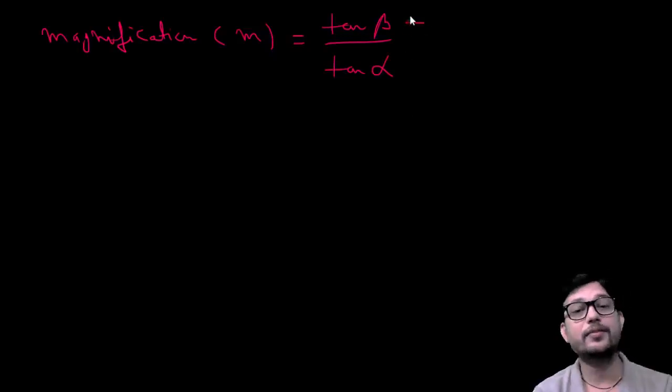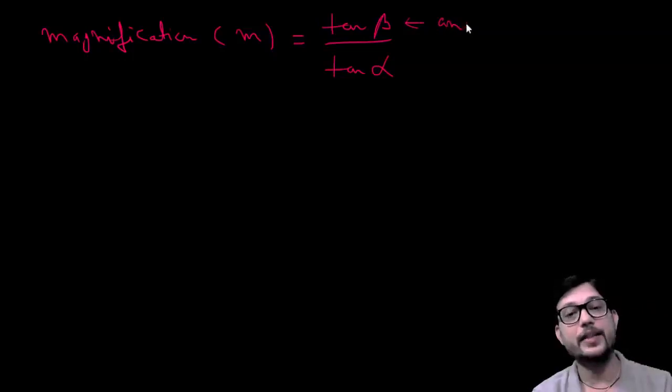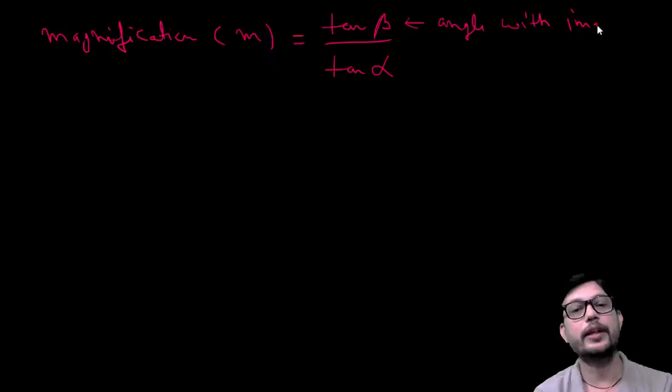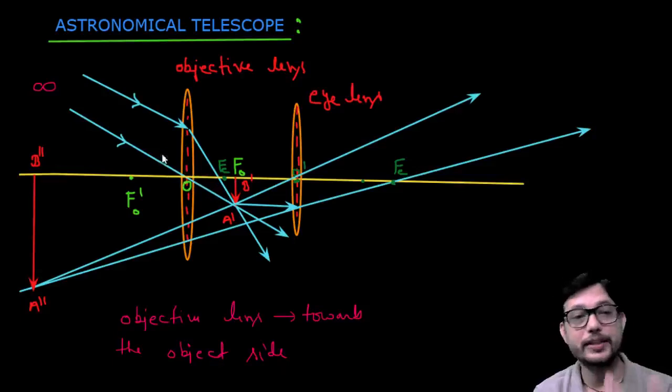Beta is the angle with the image, and alpha is the angle with your object. So this is your basic diagram. You can see here this is your object, so this be your angle alpha, and this be your angle beta.